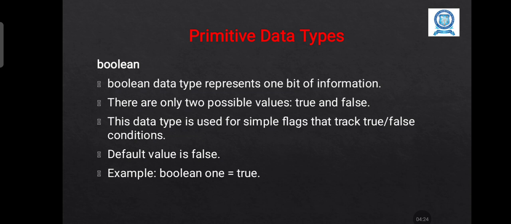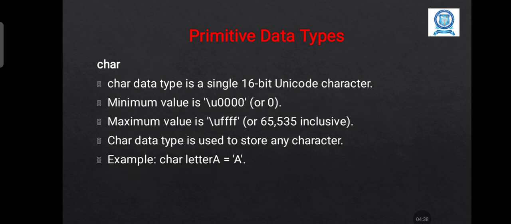Boolean also belongs to the primitive data types. Boolean will have two types of value, true or false. The default value is false. It should be defined with the keyword boolean. Character, char, is the data type. It is actually a 16-bit single character.